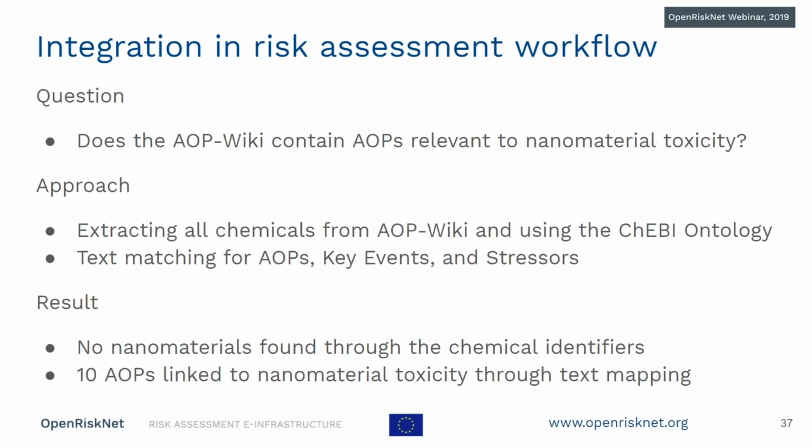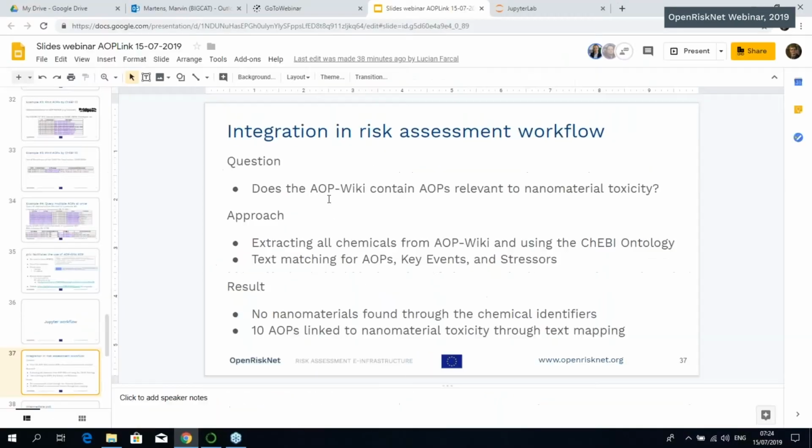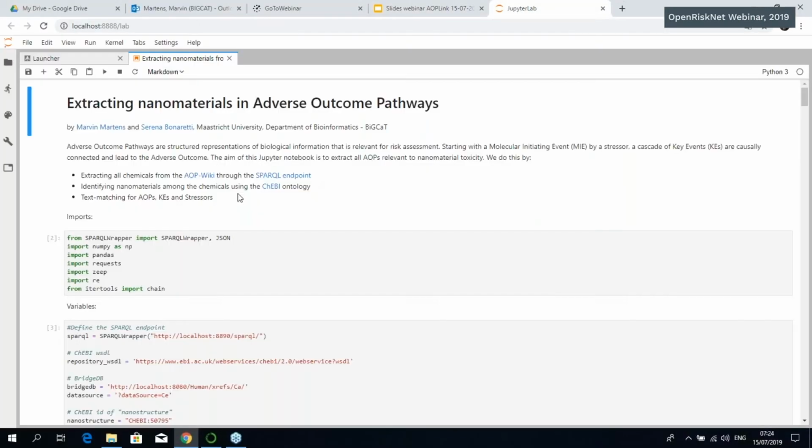The result is that no nanomaterials were found through the chemical identifiers, but based on text matching of AOPs, key events, and stressors, we found that at least 10 AOPs are linked to nanomaterial toxicity. I'll briefly go now through the notebook that we prepared for today, which I developed together with Serena from my group.